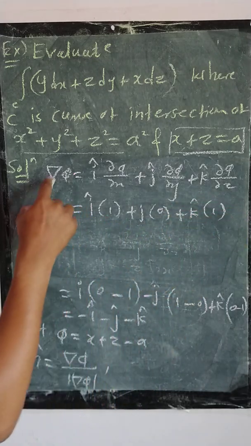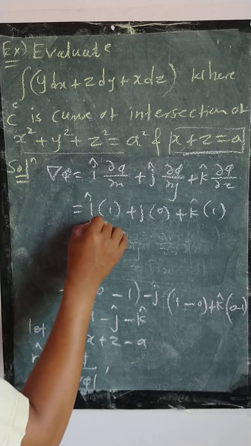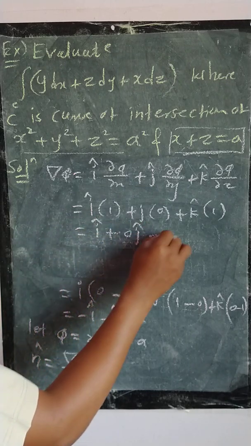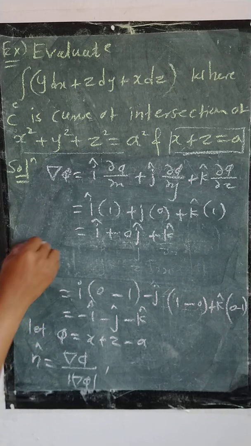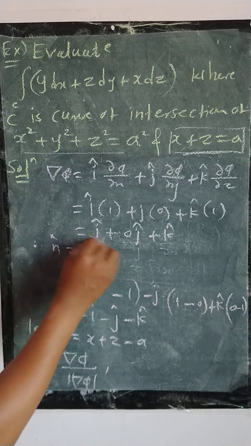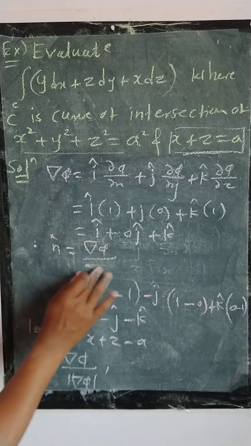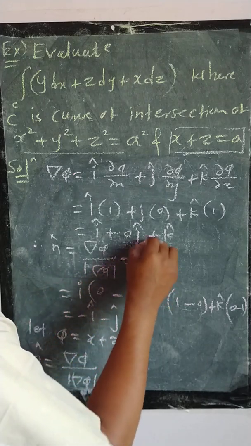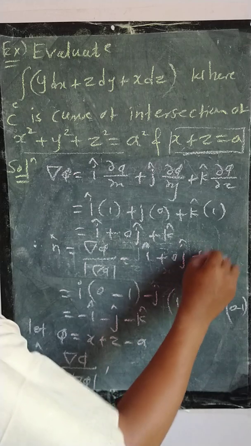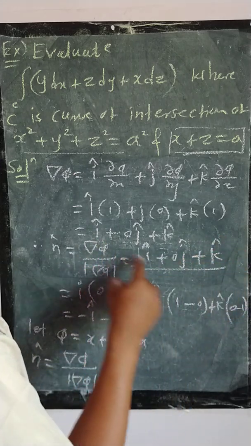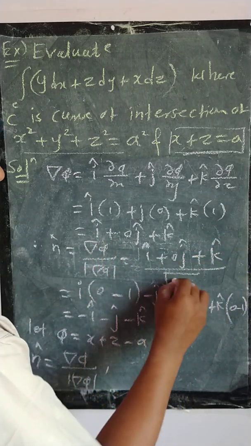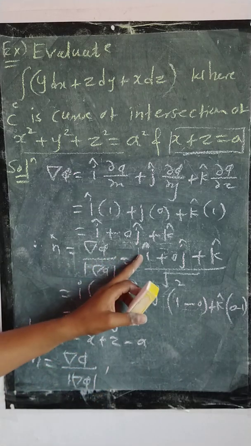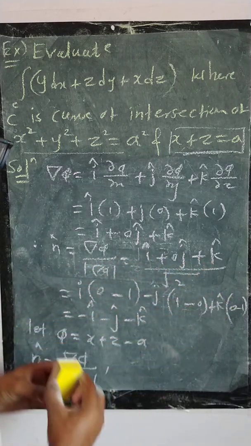So del phi is i cap plus 0 j cap plus k cap, and therefore n cap is del phi upon mod of del phi, which is i cap plus 0 j cap plus k cap upon its mod. What is the mod of this? It is root 2, because it is the square root of 1 plus 1.